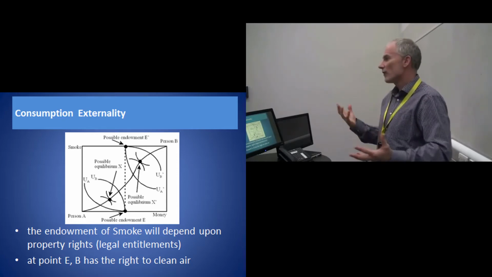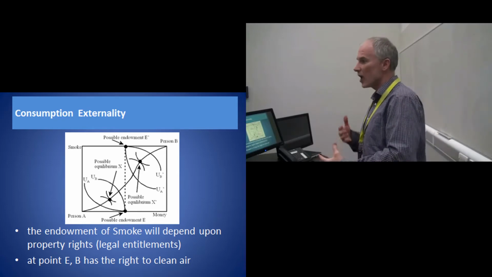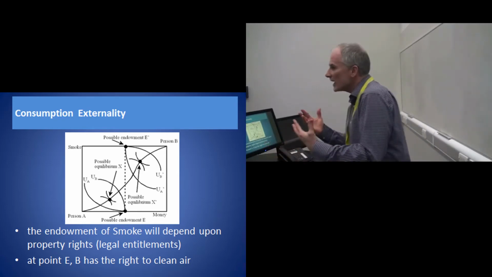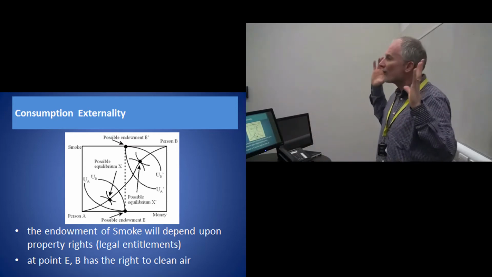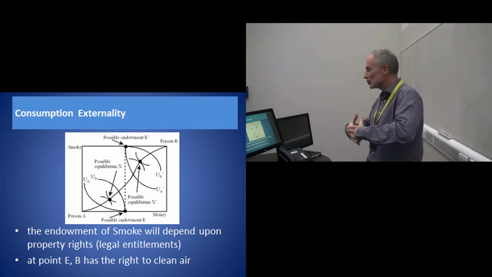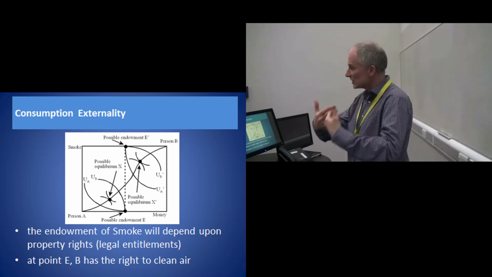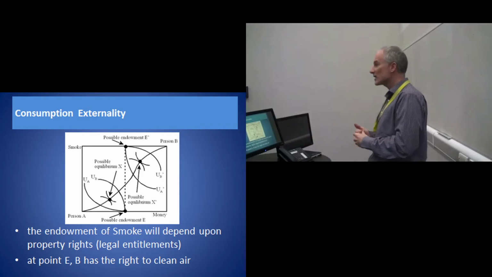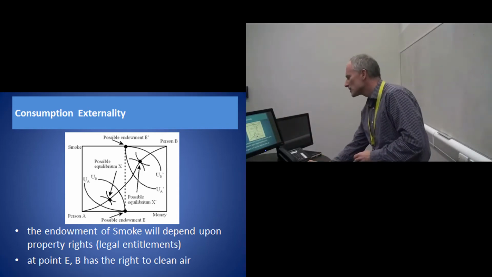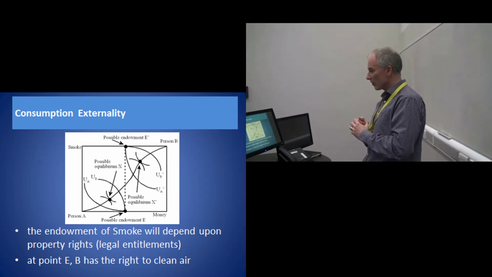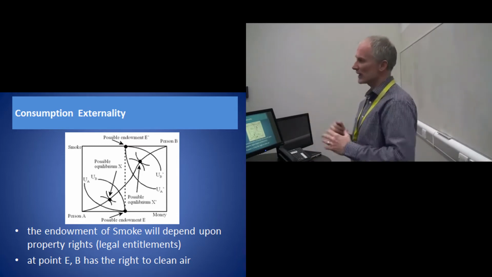But this fact that there's a legal entitlement, an endowment of clean air, that there is no smoke, is just like the endowment of any other good. Individuals have this, and if they want to, they can trade this endowment away. So what question I want you to think about, to consider, is let's say that the legal endowment is for clean air, that person A is not allowed to smoke.